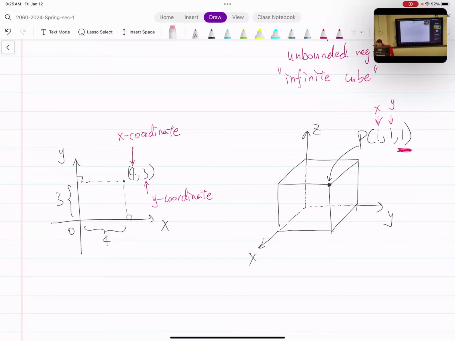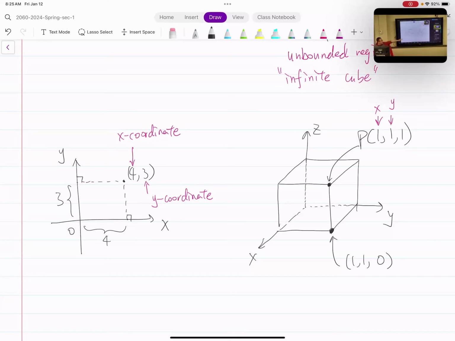That's how much above the xy plane you are. If you think about this projection method, from the point you can do the orthogonal projection down to the xy plane. That's right here.